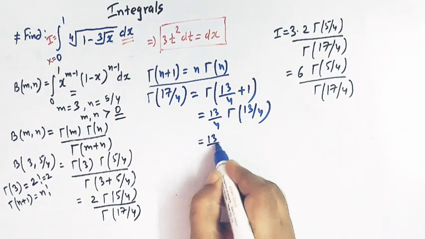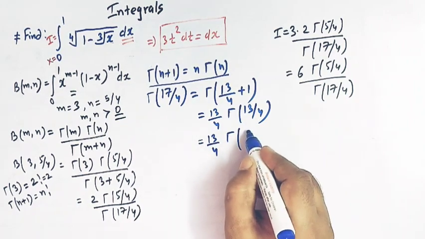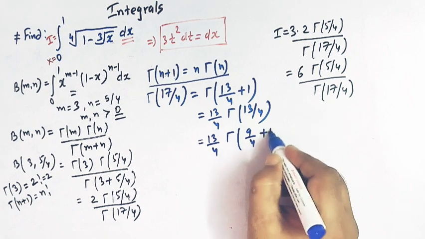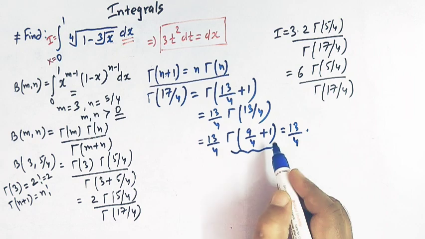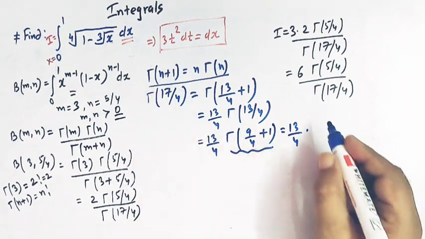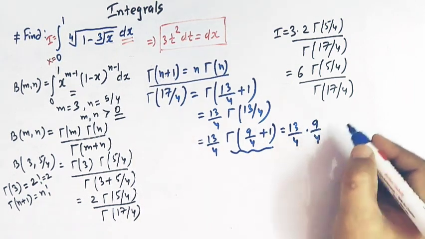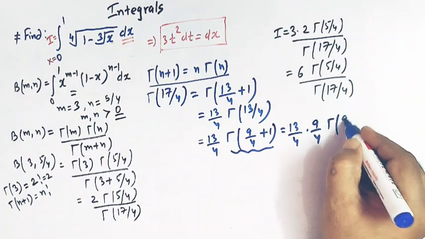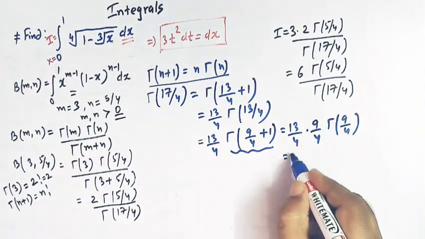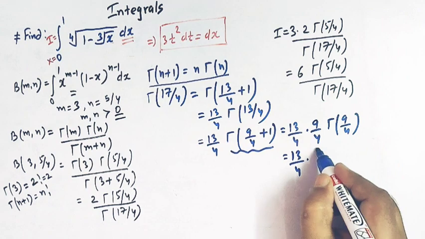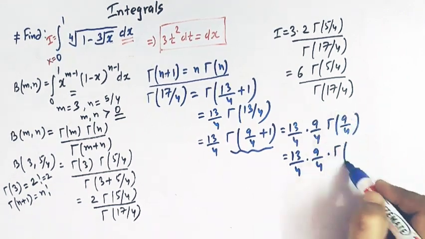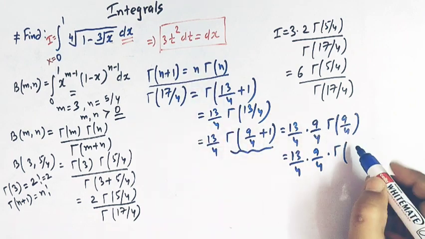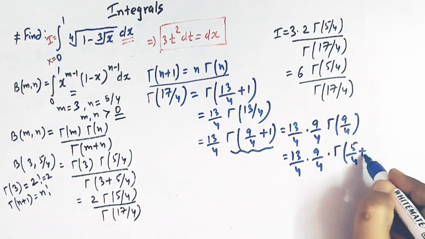Then we have 13/4. Here we have gamma of 9/4 plus 1. So this is 13/4. Then again applying this result to this one, we have 9/4 and gamma(9/4), right? So we can now write 13/4, 9/4, and again applying the same result to this one, we have 5/4 plus 1.